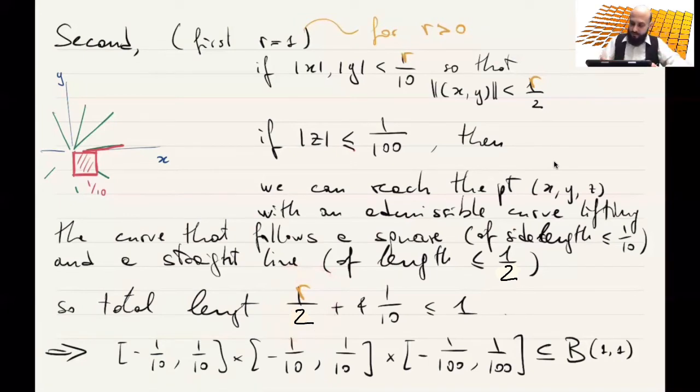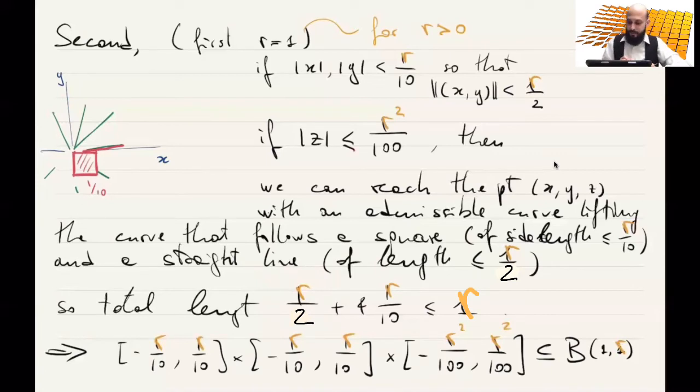If we take the square of side length r/10, then the area is going to be r²/10. So this is still the length r/10. What we are going to show is that if we now take these numbers, then you are inside the square.